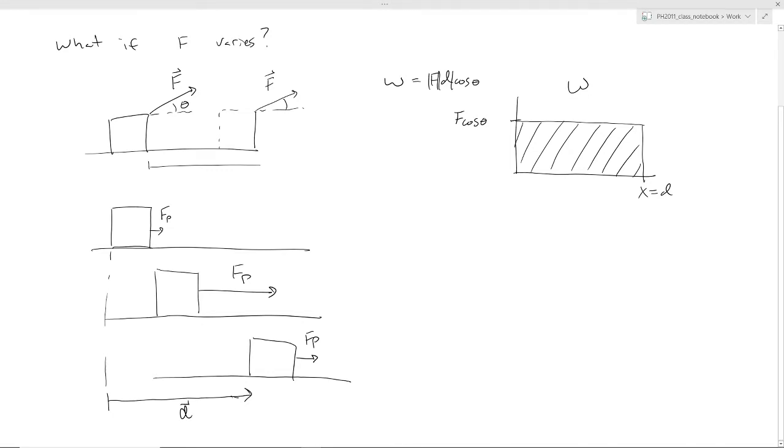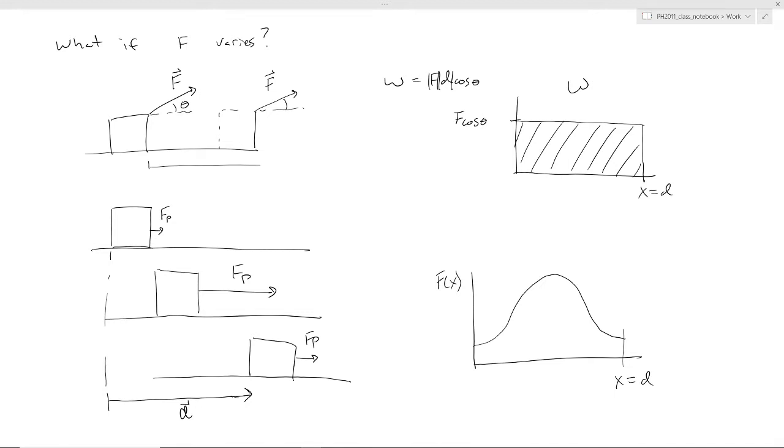Now in this situation, when we go to look at the work, our graph of the force as a function of x would not just be constant, but it started small and it got large and then it got small again. So it would look something like this. And in this case, we don't have the cosine because we're just pulling on it at an angle of 0.